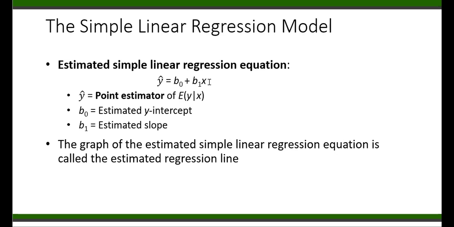expenditure in our example. All right, so now we have an estimated simple linear regression equation that tries to explain y based on x. This is just the point estimate, but it is going to be very helpful in terms of explaining the true relationship between x and y.